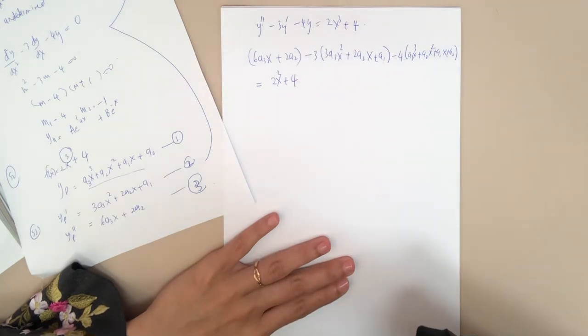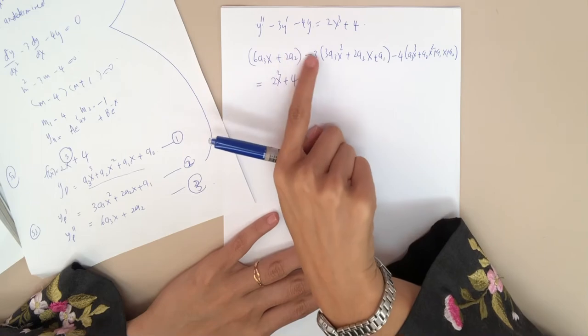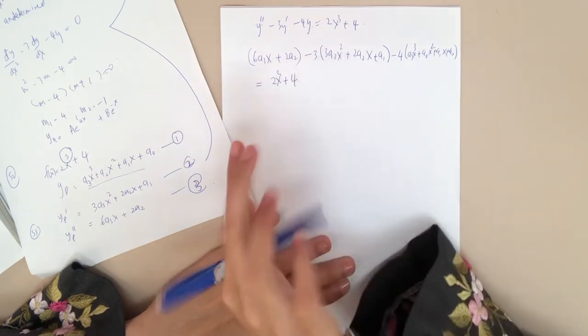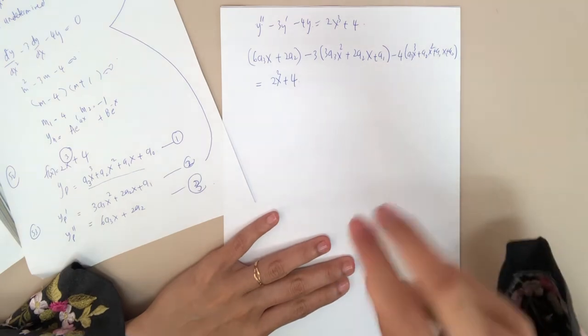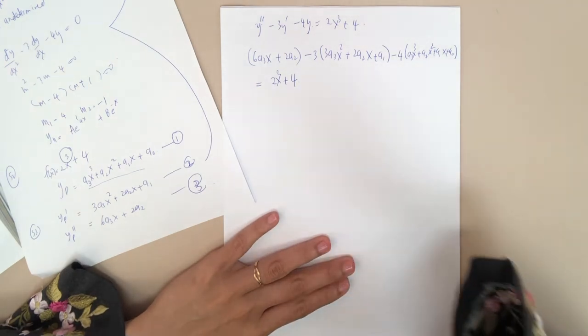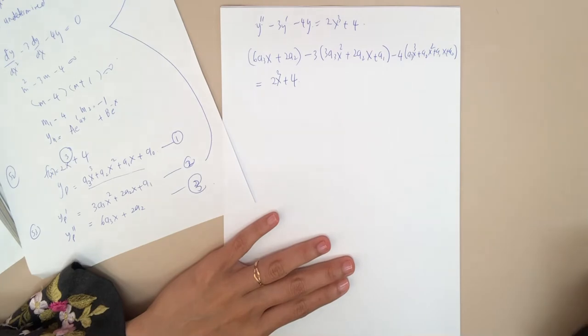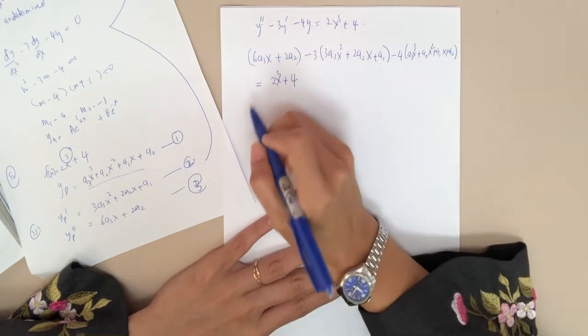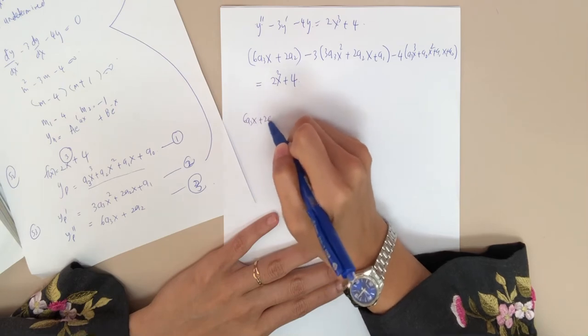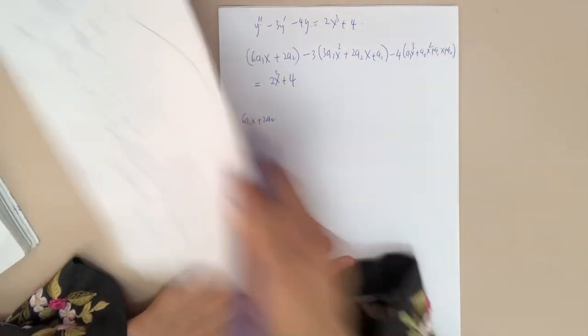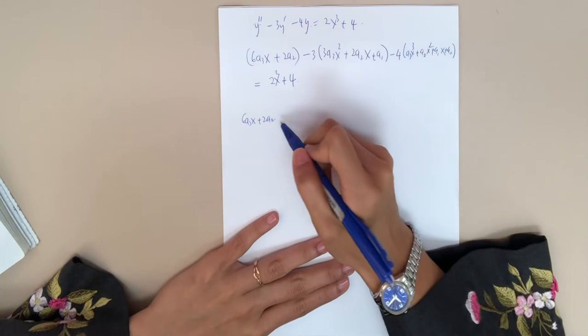Alright, so next what we do? Just simplify, open the bracket and then rearrange the equation following the sequence. Follow the sequence means x cubed, x squared, x, and without x. So I will show you. We open the bracket first. I will put this aside here, and then open this bracket.